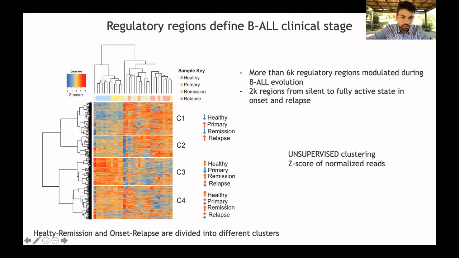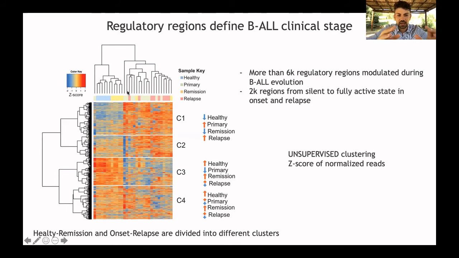As we can see here from the figure, it's an unsupervised clustering where we plot the 6,000 identified regulatory regions using normalized enrichment scores, and it allowed us to identify 4 clusters, and we focus on the main 2, C1 and C2.